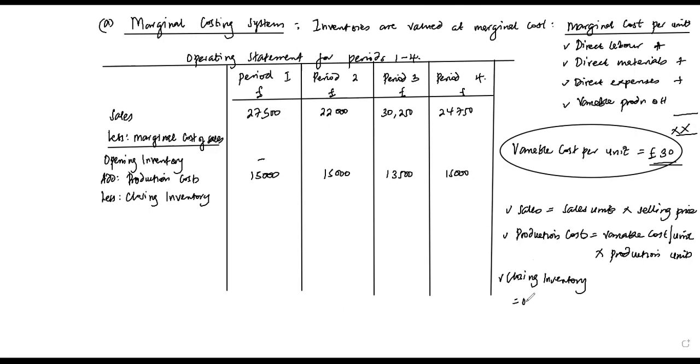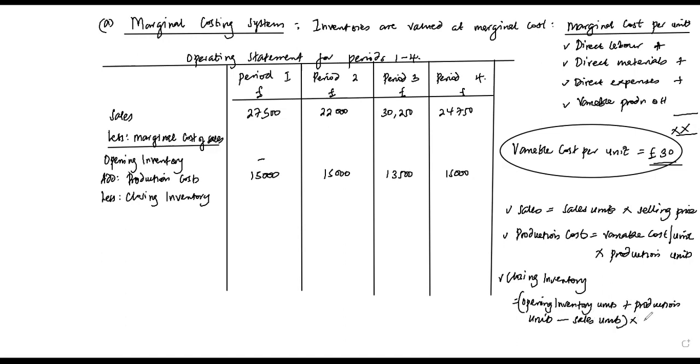the opening inventory. You get the opening inventory units. You add, let me put this in brackets, opening inventory units plus production units, then minus the sales units.